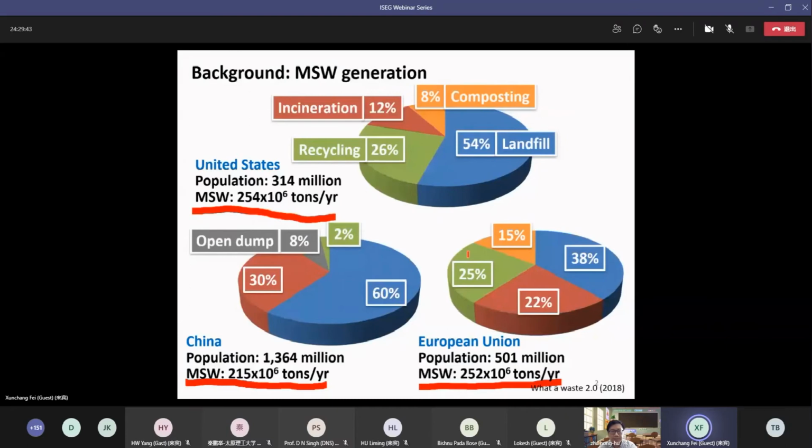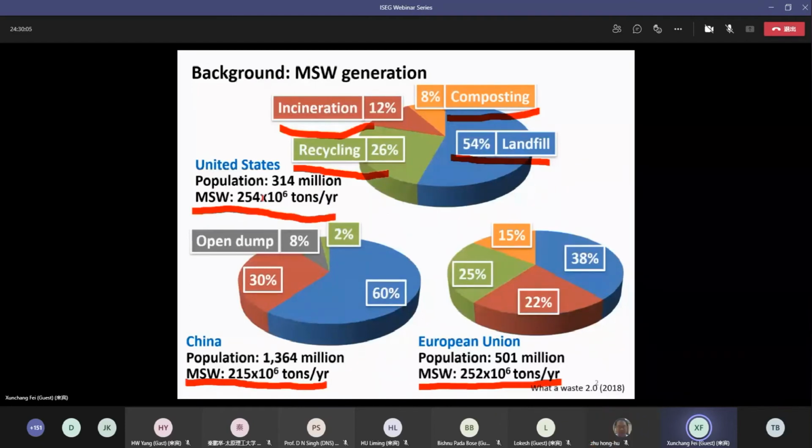The other thing I want to point out is the four major solid waste management options. Meaning in the different countries, they always rely on recycling, incineration, composting, and landfilling as the major disposal methods for municipal solid waste. Although the actual numbers are going to be different in the States, China, and the European Union. In the United States and European Union, we can imagine, they have strict policies and more advanced technologies.